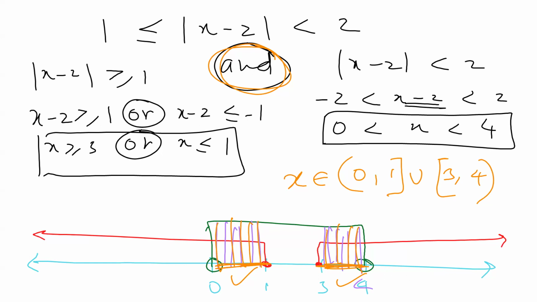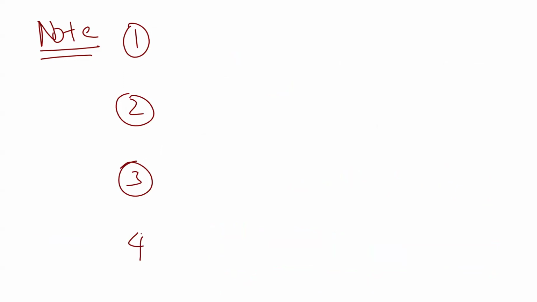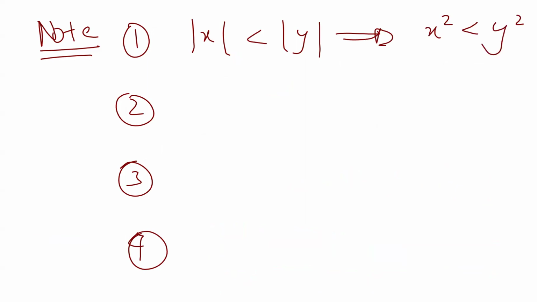One note you have to write down after this. Erasing this. So note 1, 2, 3, and 4. Modulus of x is less than modulus of y. This implies x square less than y square. Modulus of x less than or equal to modulus of y.